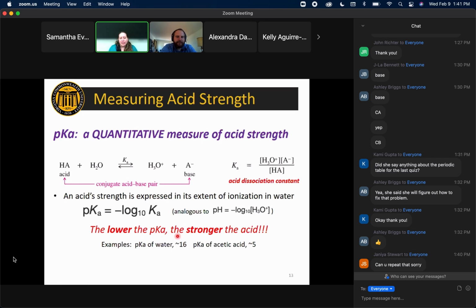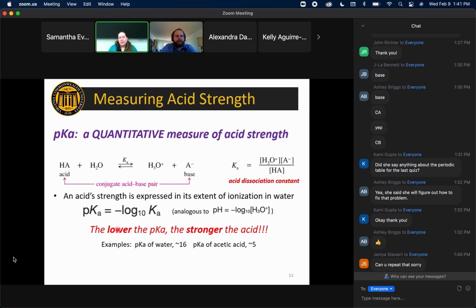The lower the pKa, the stronger the acid. This is just math, so it should connect all of these concepts for you. If you have a lower pKa, then that means your Ka is going to be greater than 1, which means your products are going to be favored, which means your acid will be mostly dissociated.